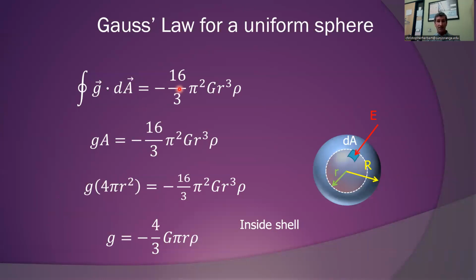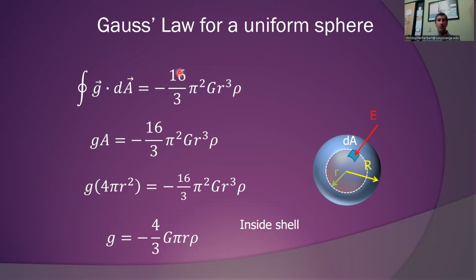However, on the right-hand side, I'm no longer using big R. My mass that I enclose is just the mass inside that inner sphere. And the inner sphere has radius small r. So now my new mass is 4/3 pi small r cubed, that's my volume, times my density, and that gives me my mass.